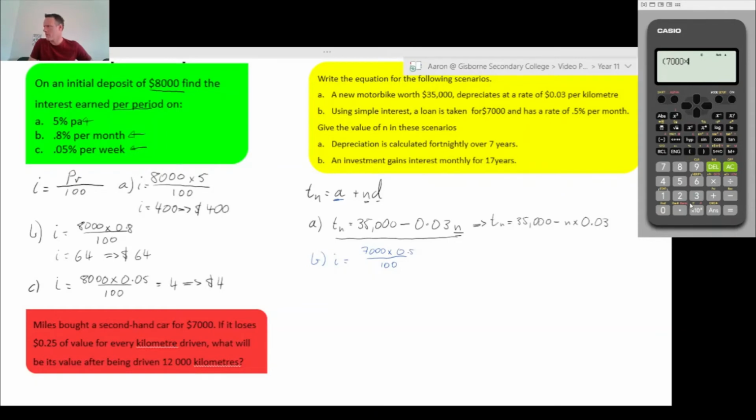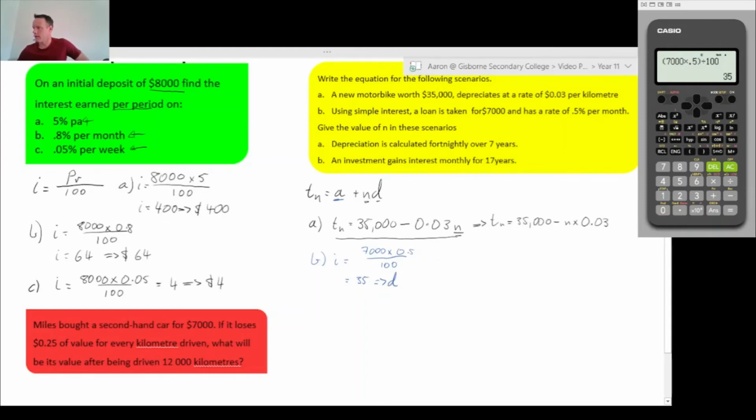Times 5 and divide it all by 100. We get $35. That equals 35, which is equal to, sorry, not A, that is equal to d. Alrighty, now we can write our equation.